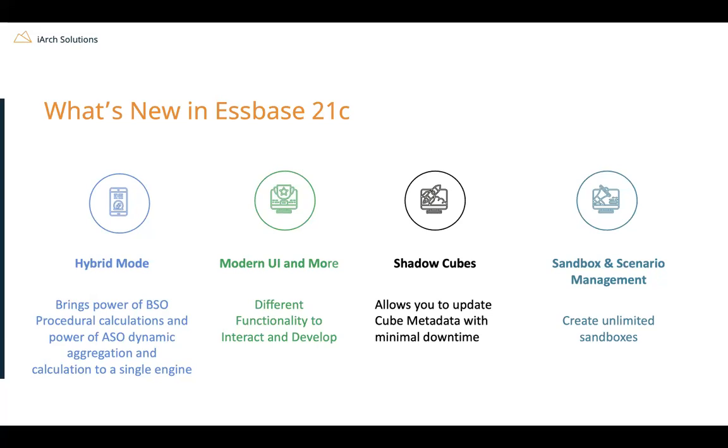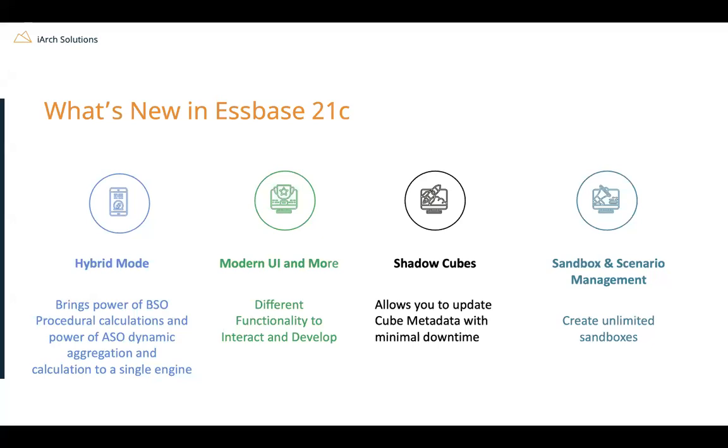The third one is shadow cubes. The concept of it has been around in the sense that people have created their own workarounds, hack solutions to do it. The concept here is that at the end of a month, people have change management and are updating metadata, and there was always going to be a downtime.